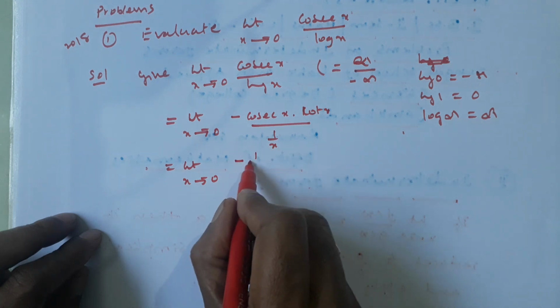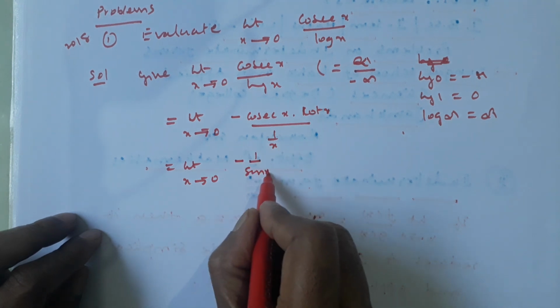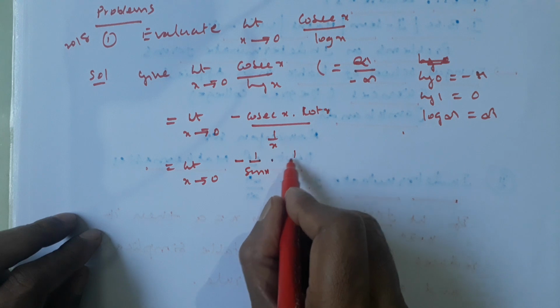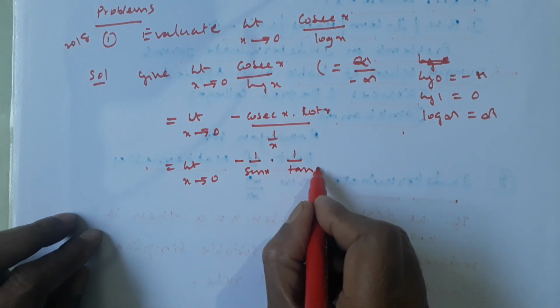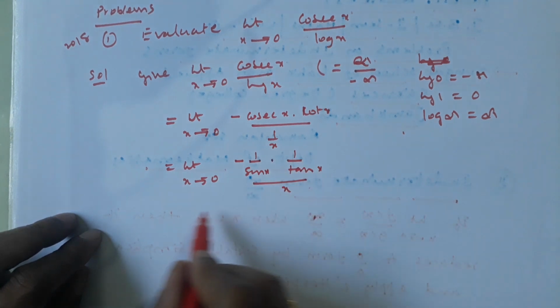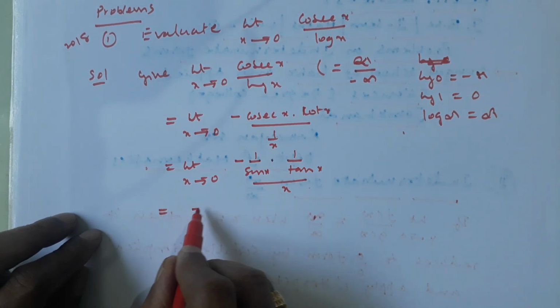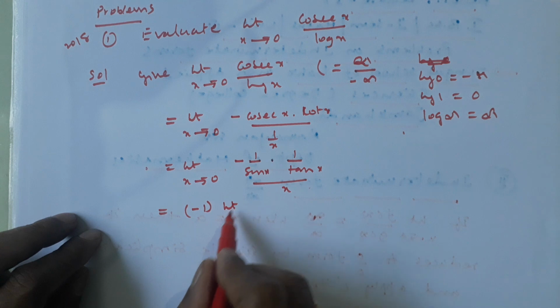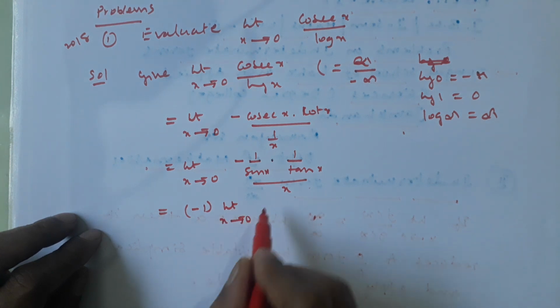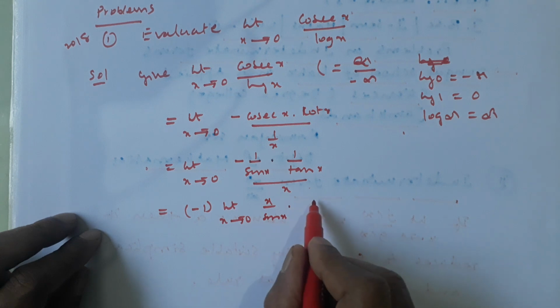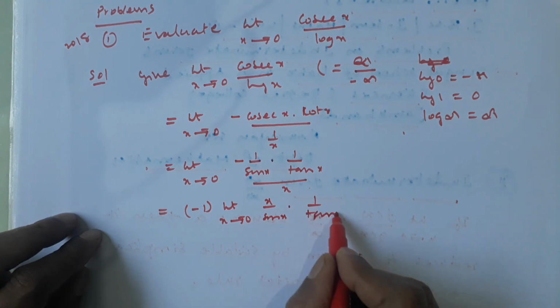This is equal to limit x tends to 0 minus 1 by sin x into 1 by tan x, whole divided by x, which is equal to minus limit x tends to 0 x by sin x into 1 by tan x.